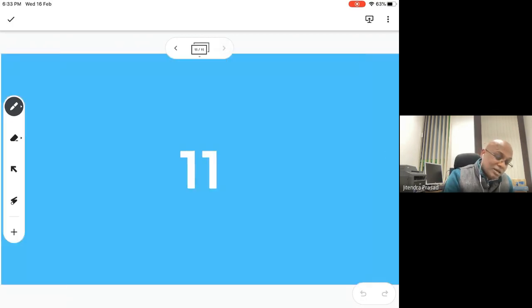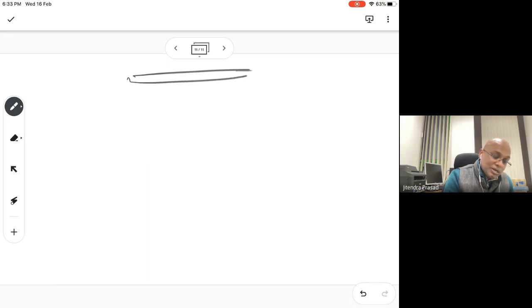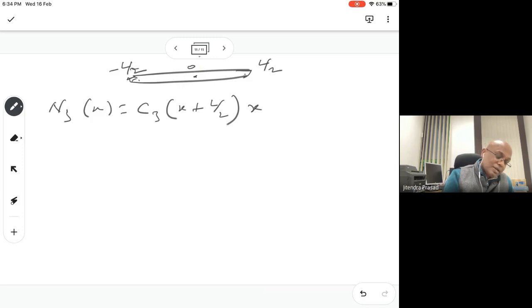Similarly, you can find the third one. Third one, with nodes at minus L over 2, 0, L over 2, we formulate N3(x) equal to C3 times x plus L over 2 and then x, since it has roots at these two.